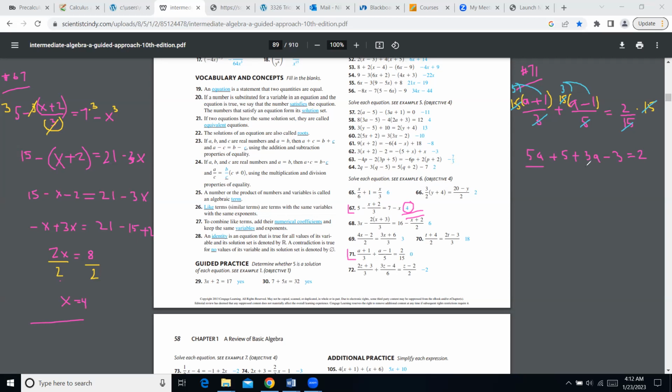So now I can put these so-called like terms together, such as terms with letter a, 5 and 3, and also when I subtract 3 from 5, here I get number 2. So little by little, our equation gets nicer, and then we can subtract number 2 on both sides of this equation and get 8a is equal to 0.